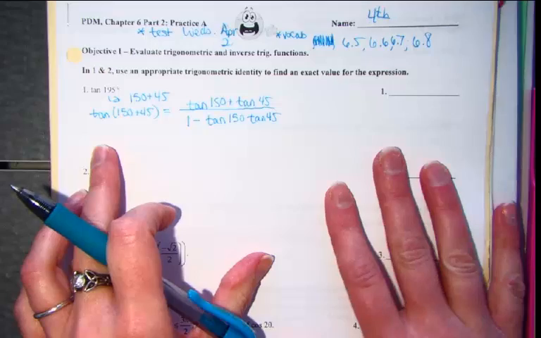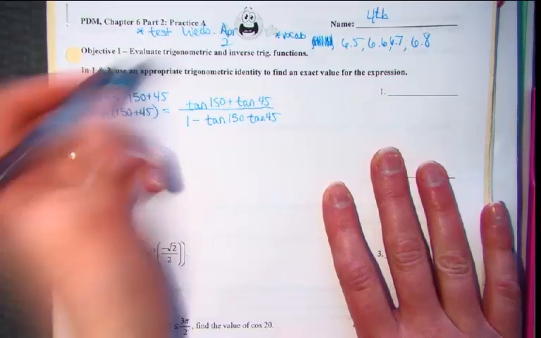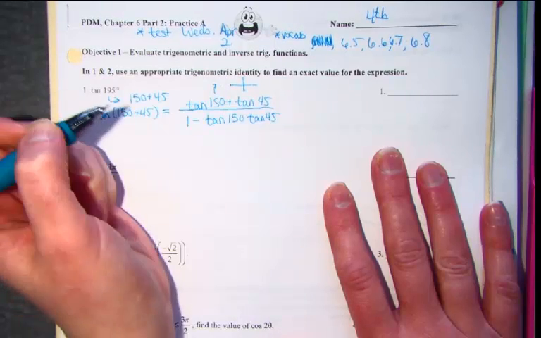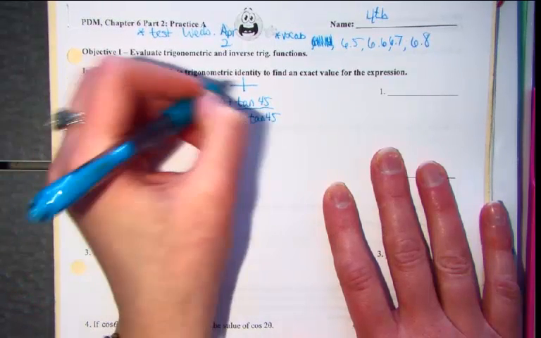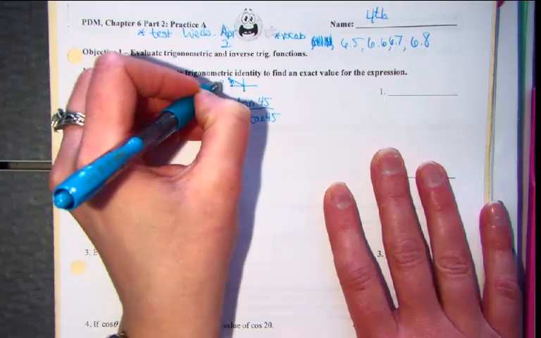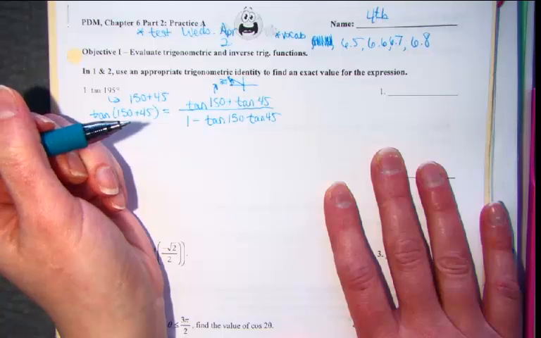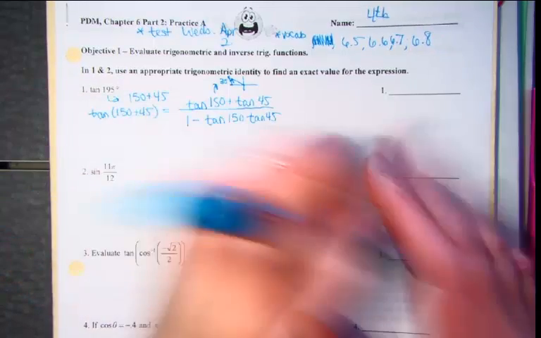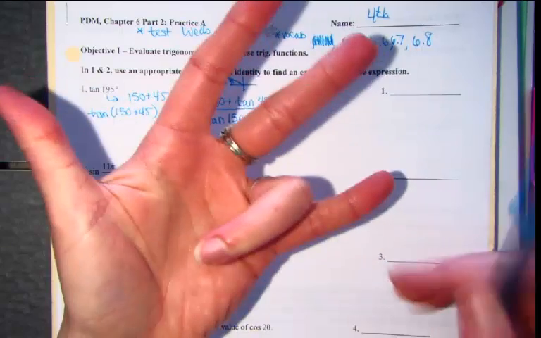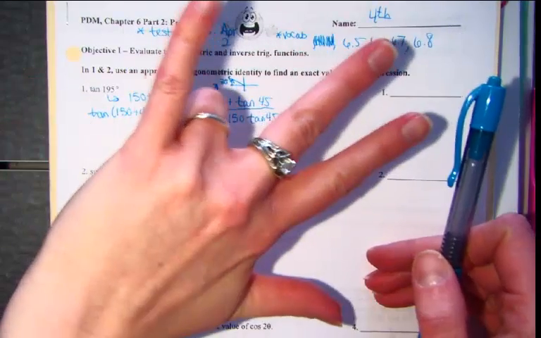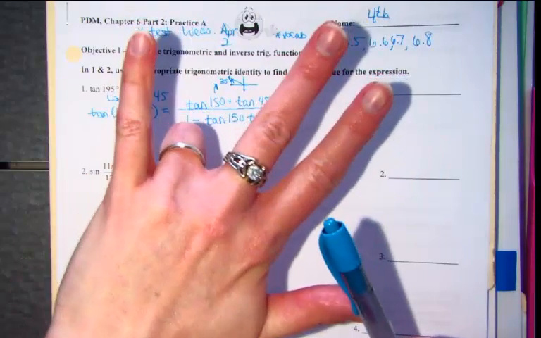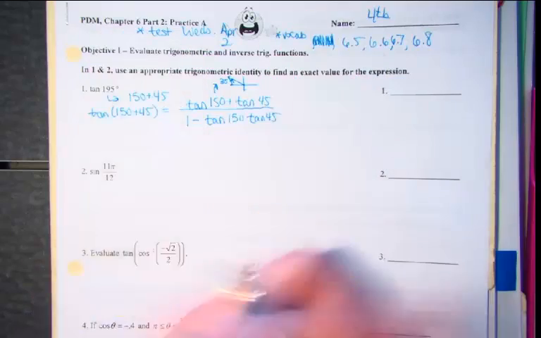And now I'm ready to start finding some values that I may or may not know. 150 degrees, I'm going to draw just a quick sketch here. You've seen me do this a million times. 150 is up in quadrant 2 as part of the 30-degree family. So tangent at 30 degrees, here's my 30-degree angle. Tangent, I flip it over, and I'd have square root 1 over square root 3.